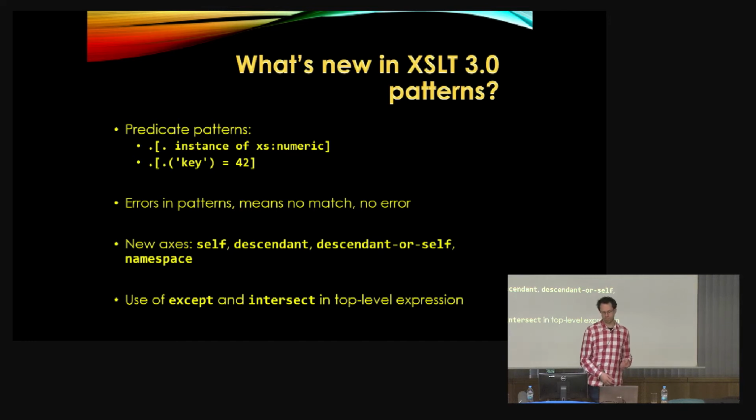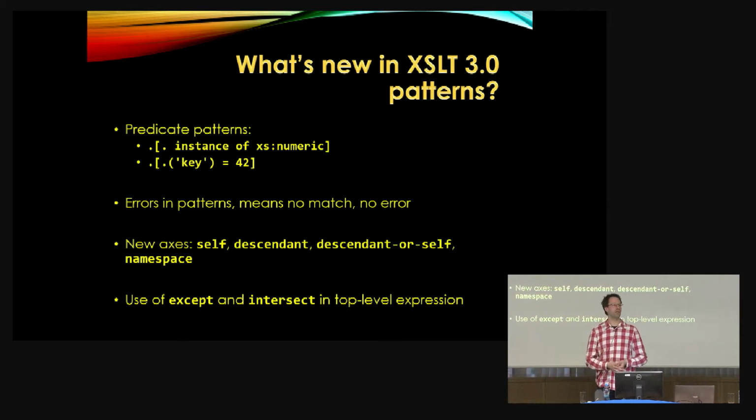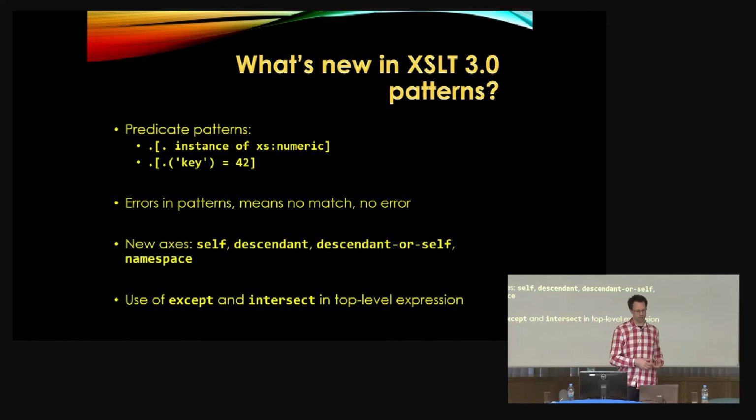The other major new thing is that in XSLT2 we had essentially only the child access that you could use. Well, of course you had a //, but the second slash in that and then the path after that got expanded into the child access. So if you use a predicate on that, you could only count on the child access.